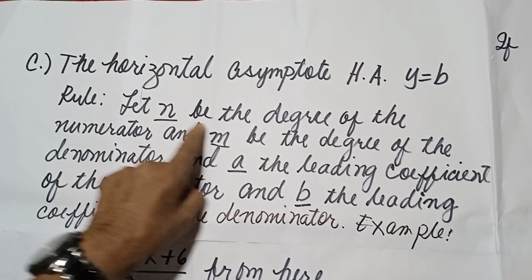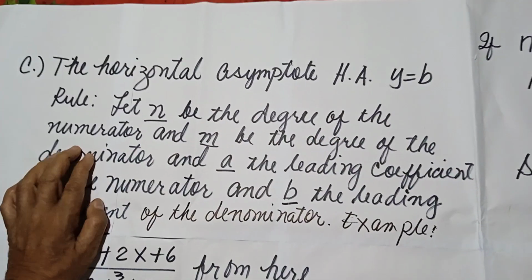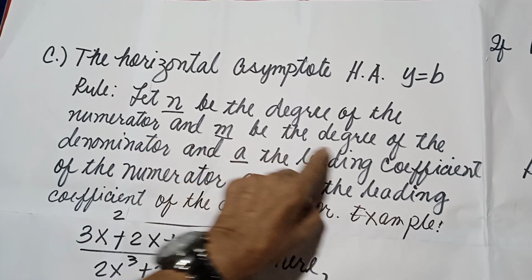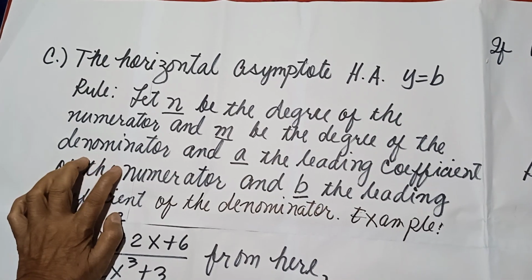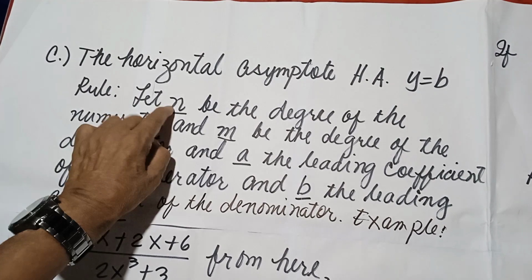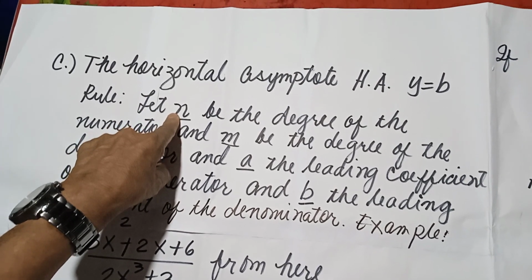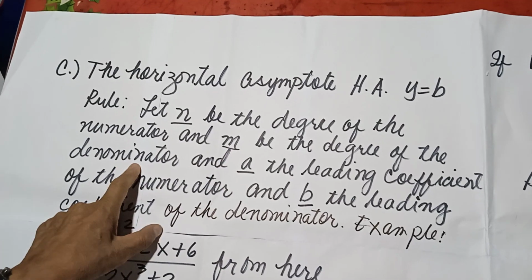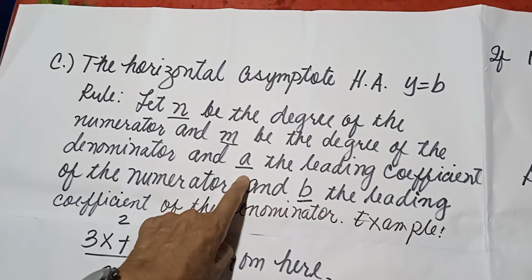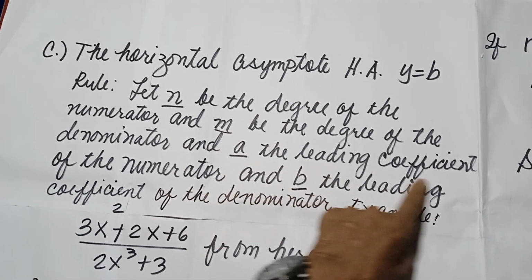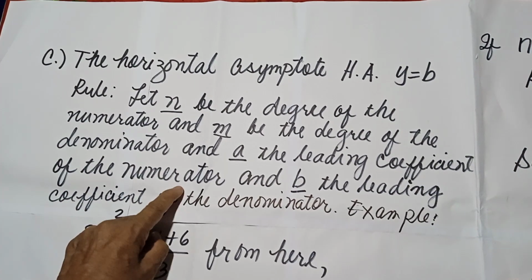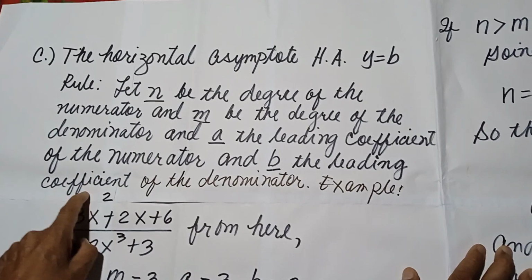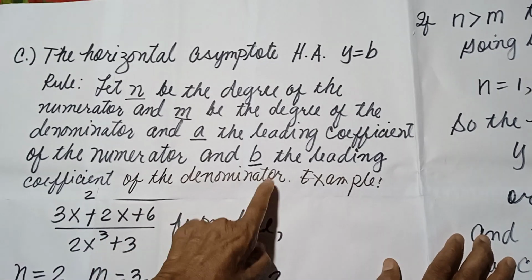Let n be the degree of the numerator and m the degree of the denominator, a the leading coefficient of the numerator, and b the leading coefficient of the denominator.